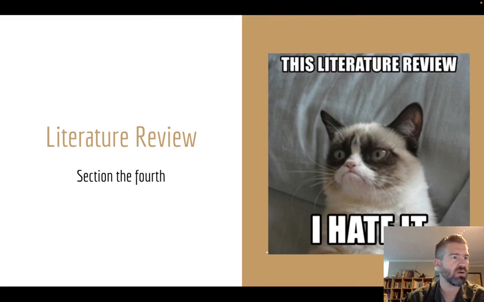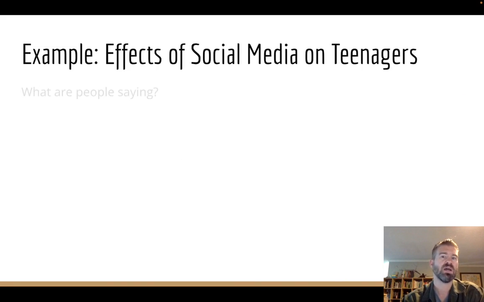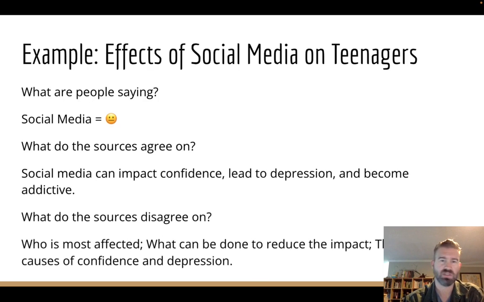Literature review, I talked about quite a bit in the annotated bibliography video, so I won't go into as much detail here. But again, what are people saying? What do people agree on? What do people disagree on? It's always a red flag to me if everybody agrees on it.